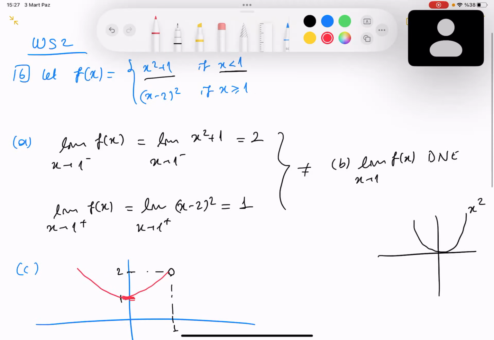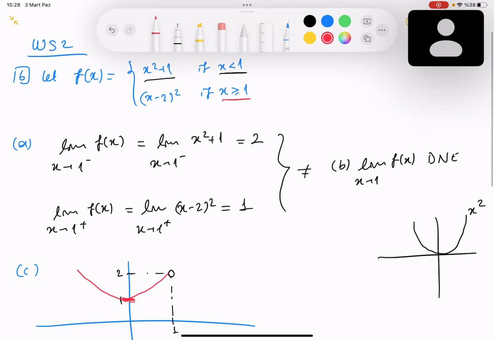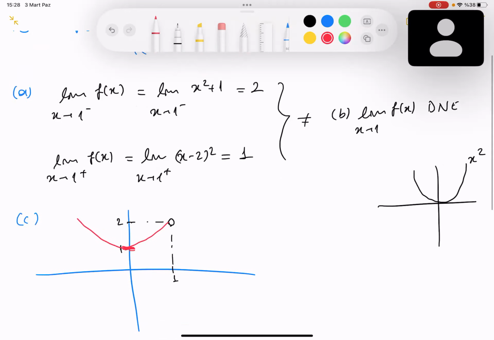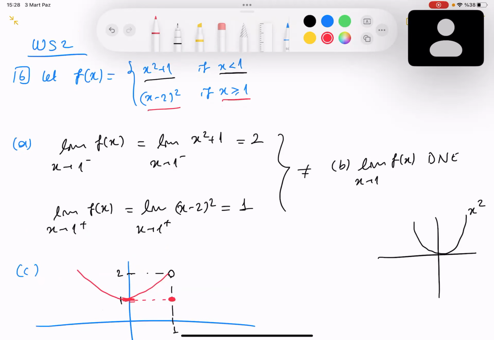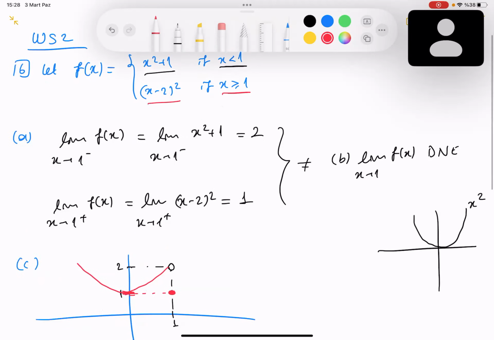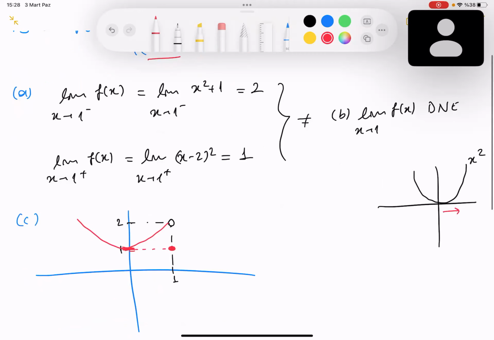Now, when x equals 1, you have 1, so here you have the dot. And you sketch the graph of (x minus 2) squared, which means you shift the graph of x squared 2 units to the right. So you have this one, and you're done.